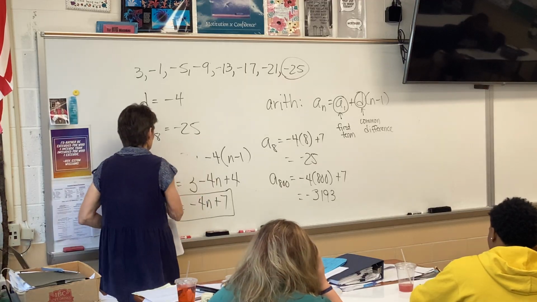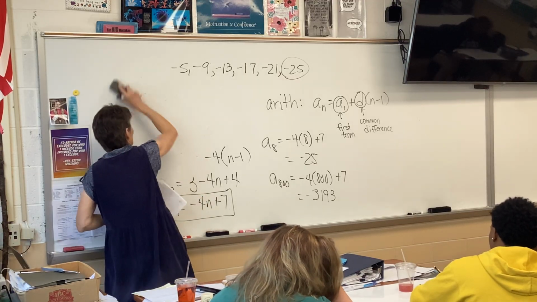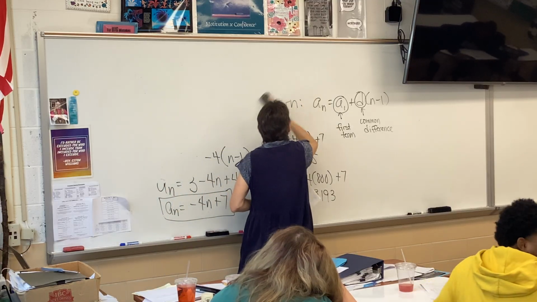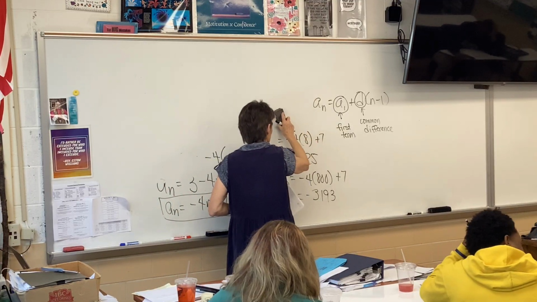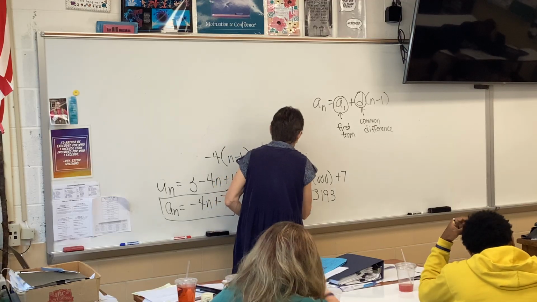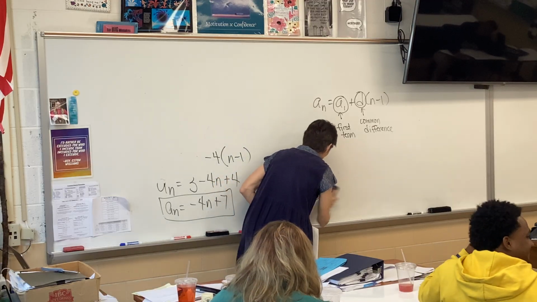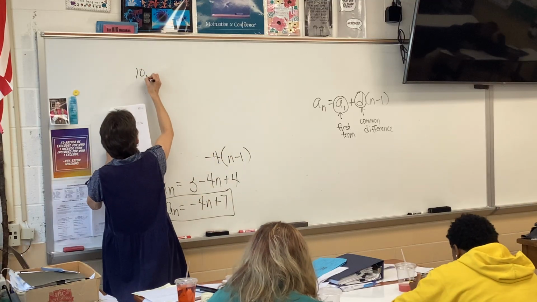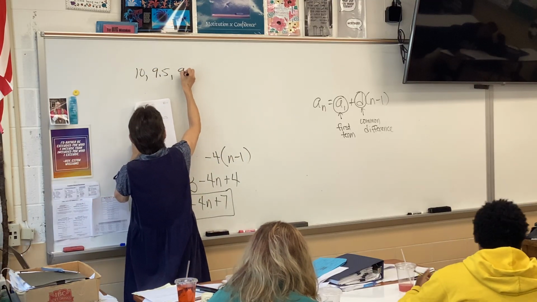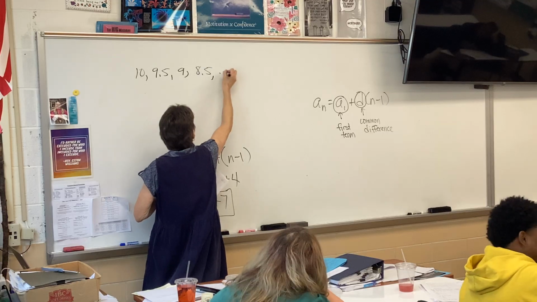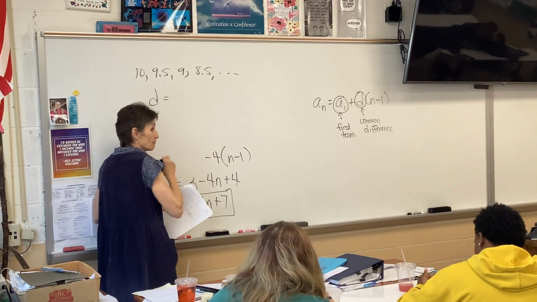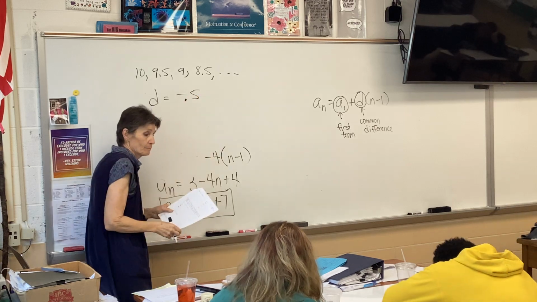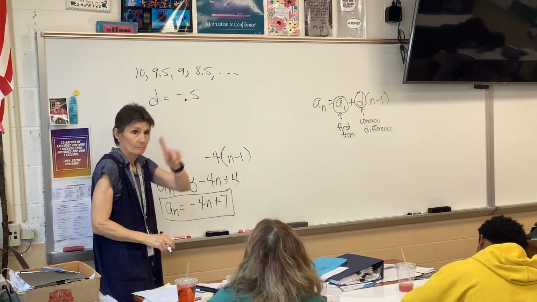Okay, we're gonna do exactly the same thing. Look at your sequence and figure out what your D is. What's our D? Negative 0.5. That's my D. Agreed?